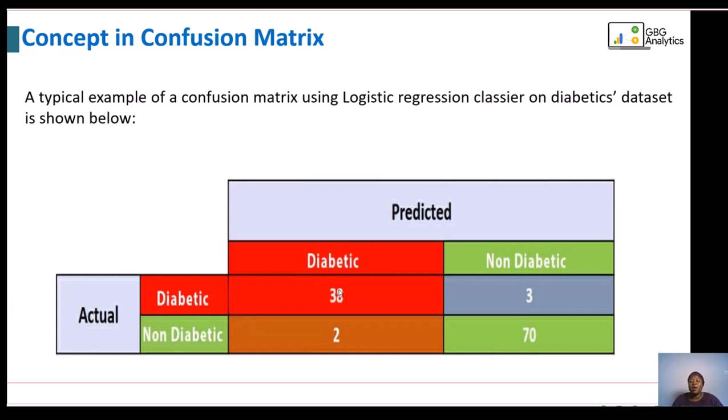Truly, this is a good classification. While 3 patients are actually diabetic, but were misclassified as not diabetic. For the 72 non-diabetic patients, 70 were rightly classified as non-diabetic, while 2 were wrongly classified as diabetic.